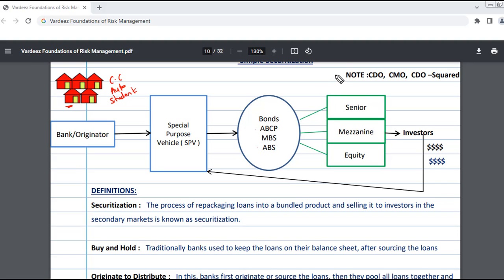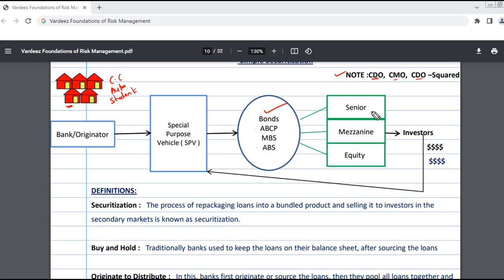And one important point to note is that you will often hear the terms CDO, CMO, CDO squared. So what do we mean by that? Essentially, the entire essence of securitization is referred to as CDO, that is collateralized debt obligations, and out of these collateralized debt obligations we create structured products.